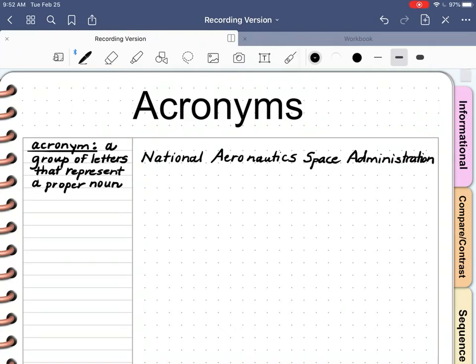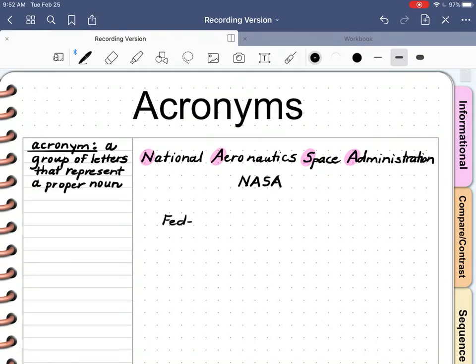Okay. Aeronautics means flying. Aero means in the air. Nautic is referring to ships, so they're airships. So I have NASA. The acronym in all caps is NASA, the space organization. NASA is an acronym.